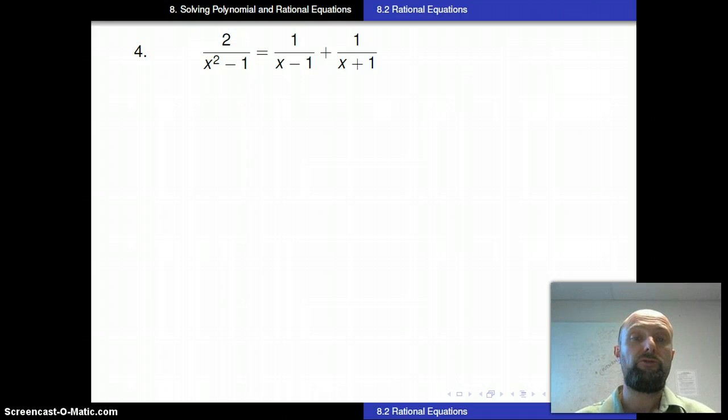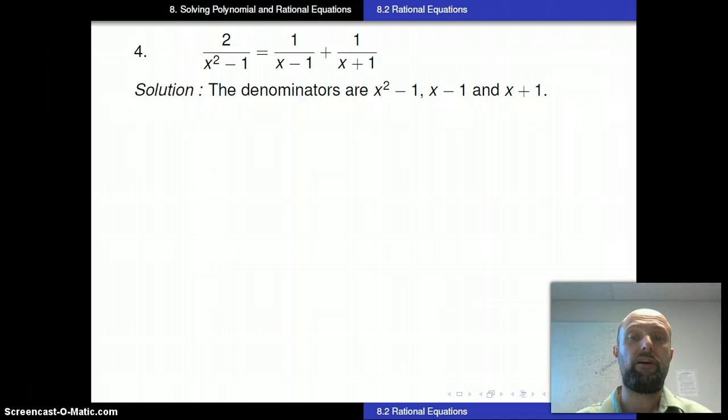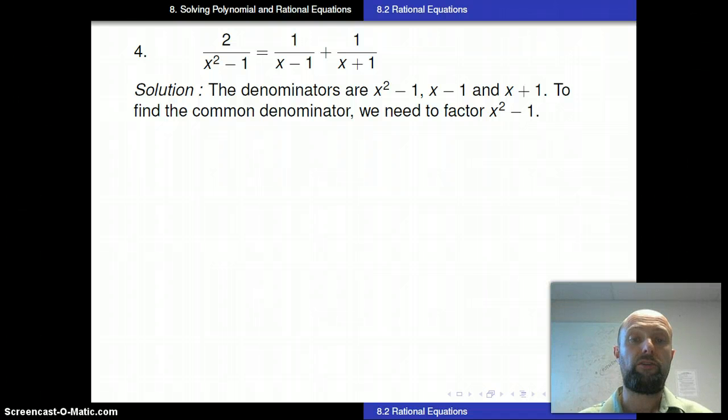Question 4. 2/(x² - 1) = 1/(x - 1) + 1/(x + 1). Denominators are x² - 1, x - 1, and x + 1. To find the common denominator, we need to factor x² - 1.